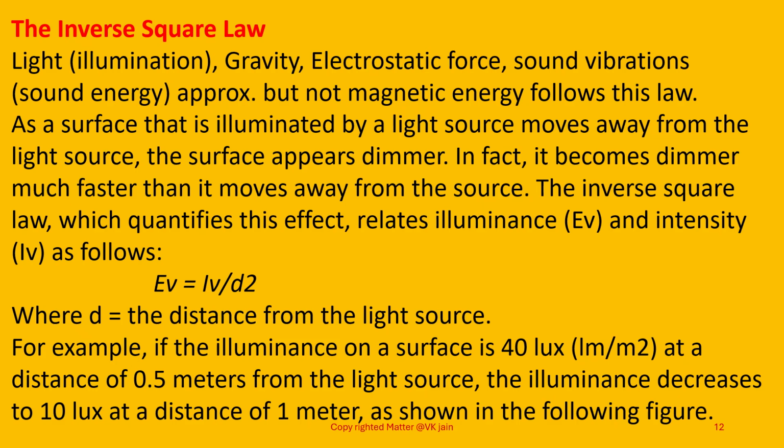The inverse square law, which quantifies this effect, relates illuminance and intensity Iv as follows: Ev is equal to Iv divided by d squared, where d is the distance from the light source.